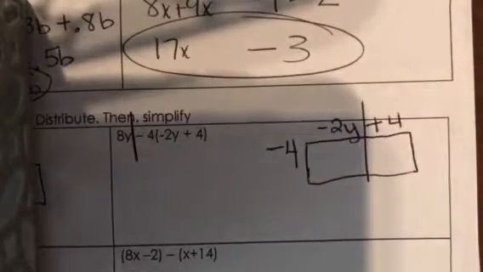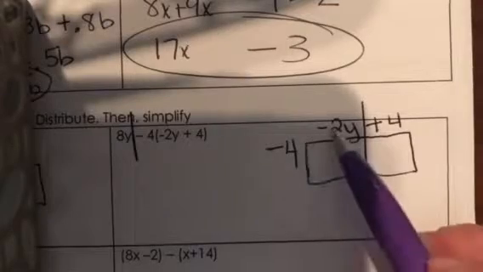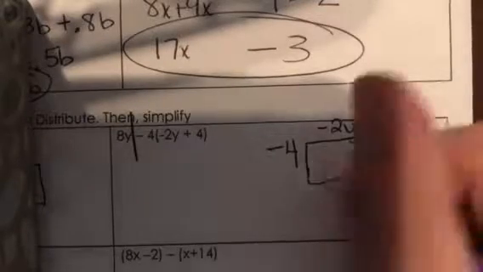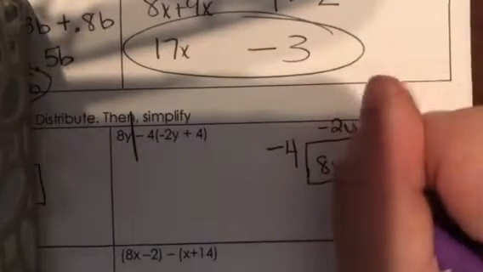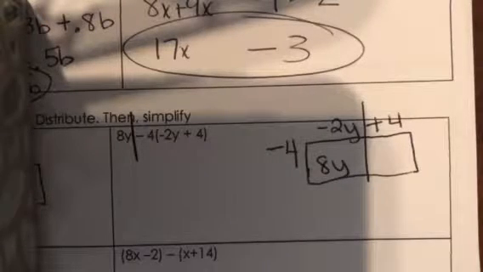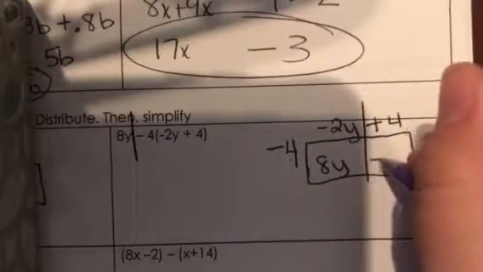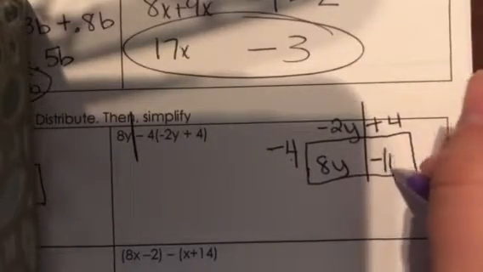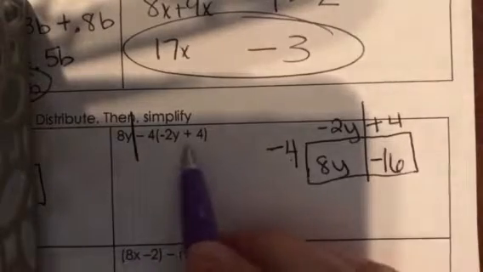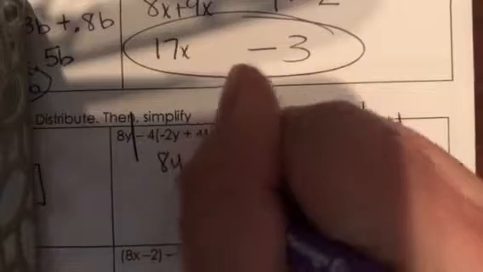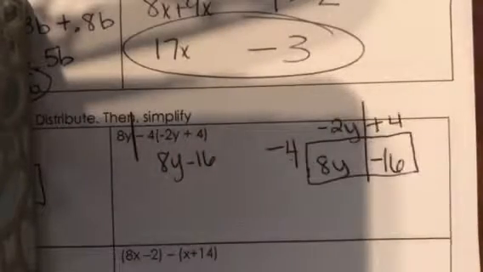Alright. Negative 4 times a negative 2 is a positive 8. Make sure you include your y. Then a negative 4 times a positive 4 is a negative 16. So on this side right here, when I distribute, I'm left with 8y minus 16.